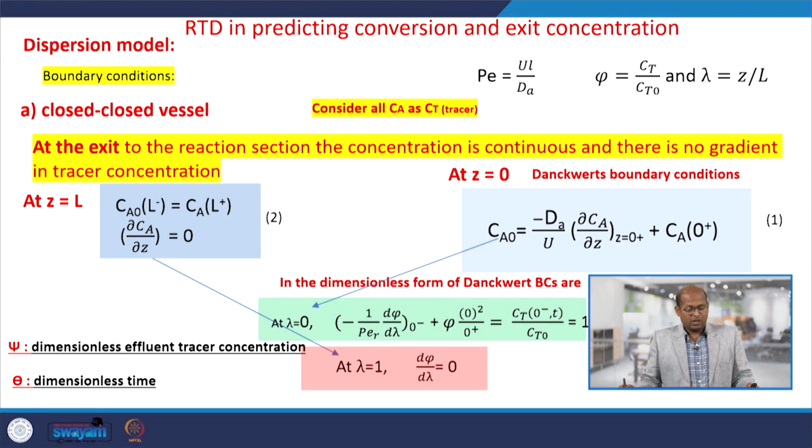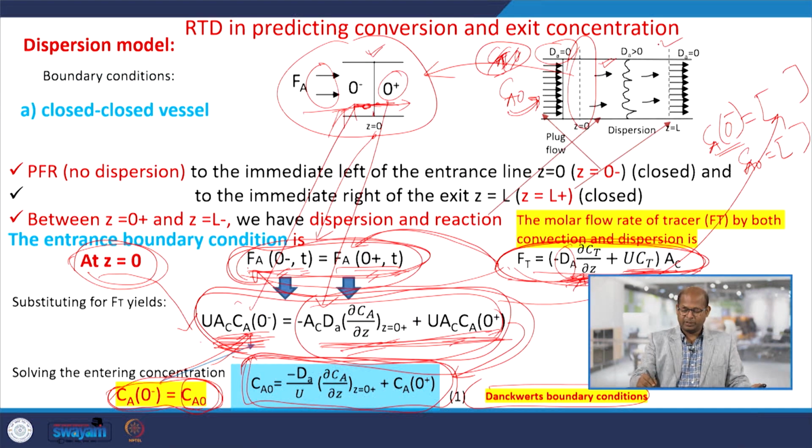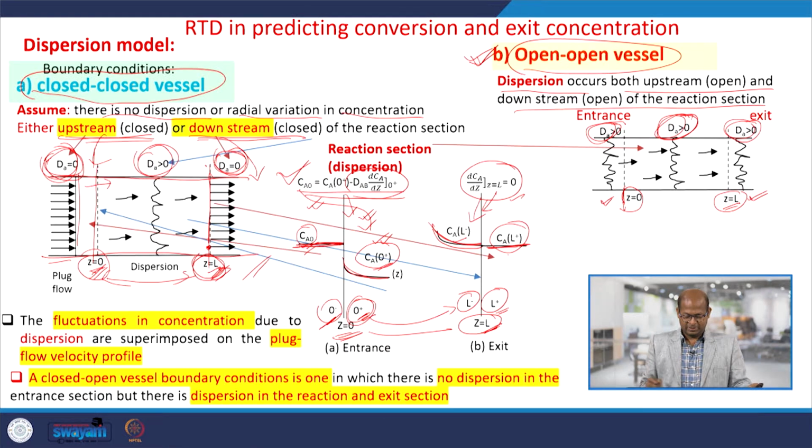Now, for the closed vessel at the z equals L point, we have to consider that. At this particular point, z equals L, the dispersion is also 0 and there is no diffusion, the fluid is just leaving the reactor. Or else you can see that just immediately here it is almost 0, and then the concentration remains the same.